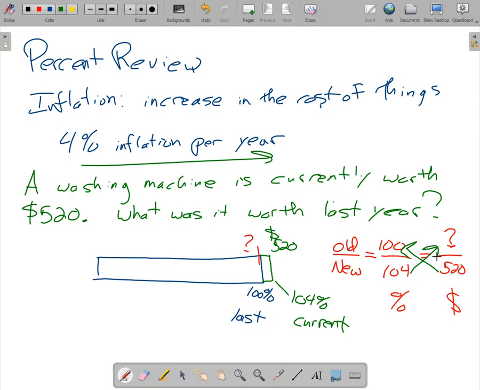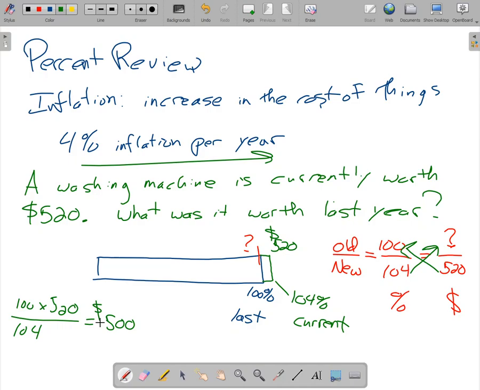So ultimately on that, I'm going to multiply the 100 times the 520. And then I'm going to have to divide by the 104. And when I do that, I get 500. Exactly. So I said it was supposed to come out to a nice number. So this says $500. So that's one way to do this problem.